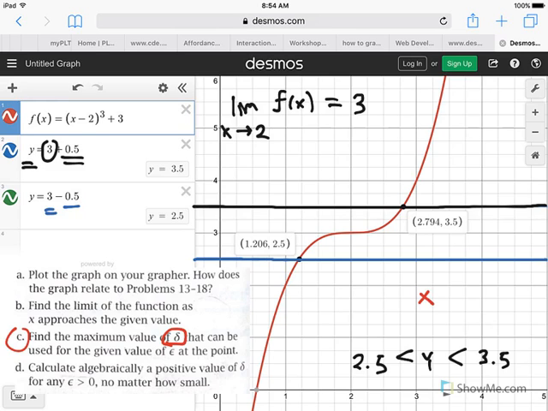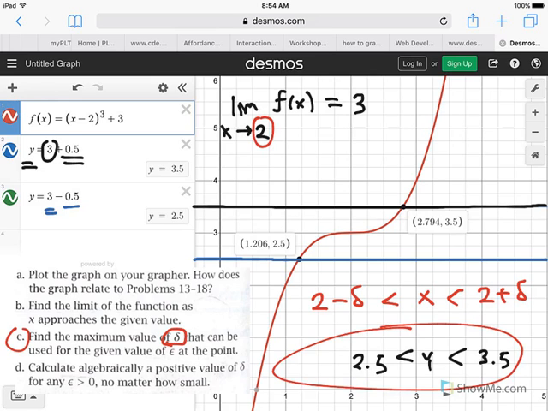I'm going to have my input values be within delta units from C, and C is of course 2. So I'll have 2 minus delta here, and 2 plus delta here. Just like for y, where did 2.5 come from? It came from the limit, which was 3 minus epsilon, and 3.5 came from the limit, which was 3 plus epsilon.